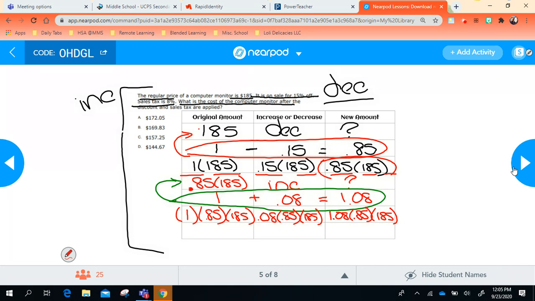Because it's 2 steps, we're only looking for the final amount. So you don't have to find the first and the second. It's good practice to do it, but you don't have to.